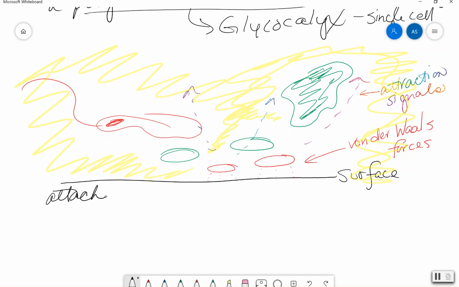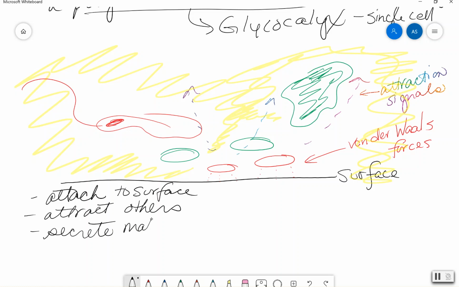So just to sum up, the microbes attach to the surface. They attract others, and then they secrete the matrix. Now, the benefit of living in a community like this is the matrix is protective.